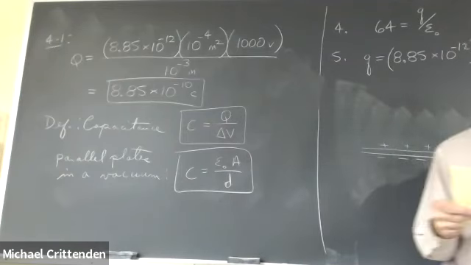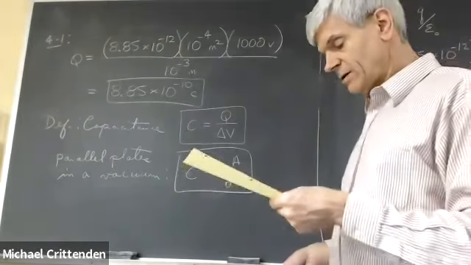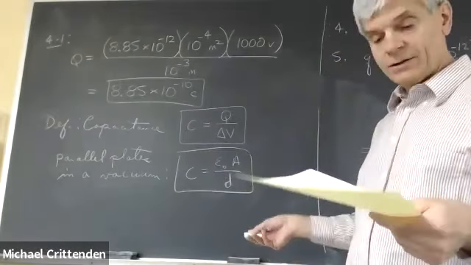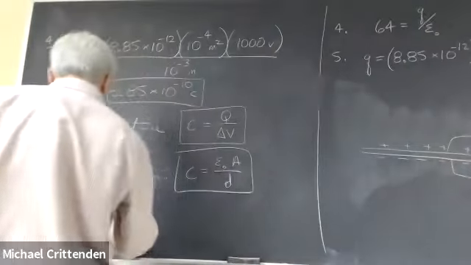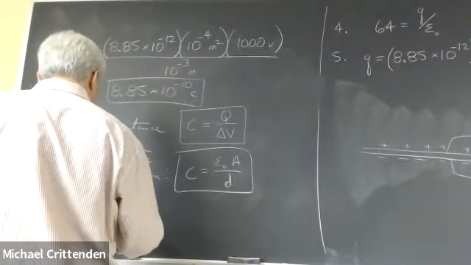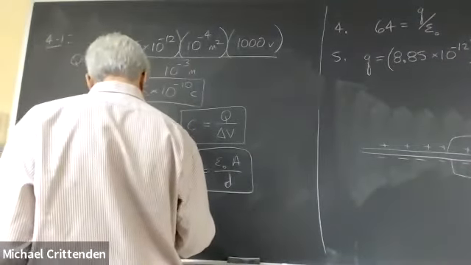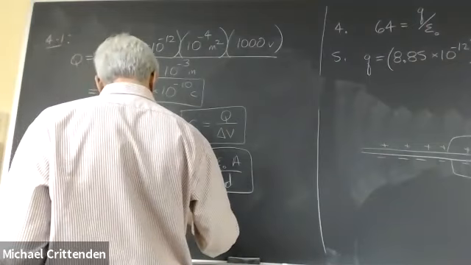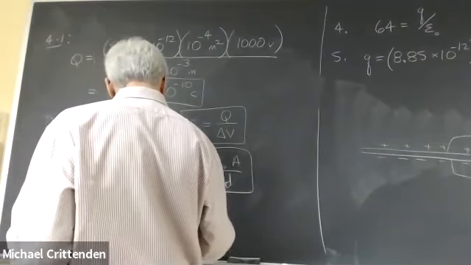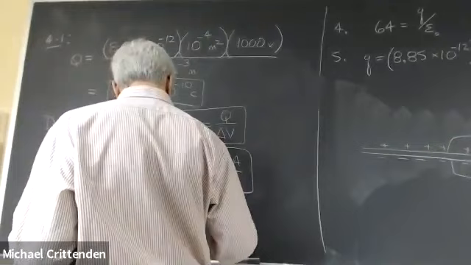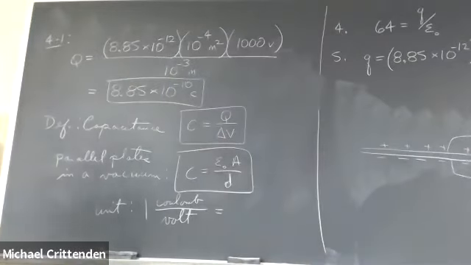And the last thing out of my mouth before I turn off the camera is the unit to measure this in. Charge is measured in coulombs. Potential is measured in volts.